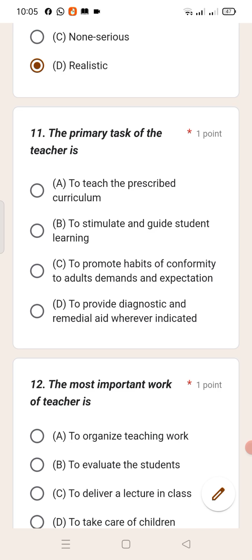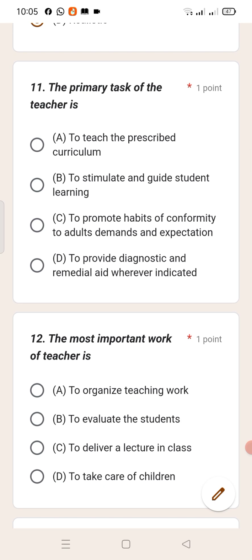The primary task of the teacher is to teach the prescribed curriculum, to stimulate and guide the student learning, to promote habits of conformity to adults' demands and expectations, to provide diagnostic and remedial aid wherever indicated. I think to stimulate and guide student learning.